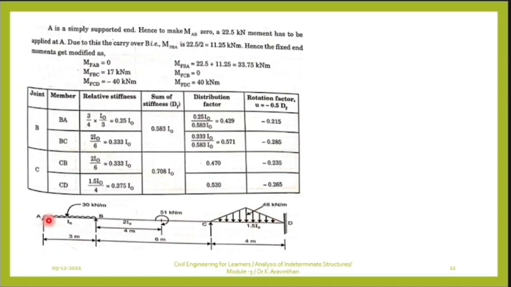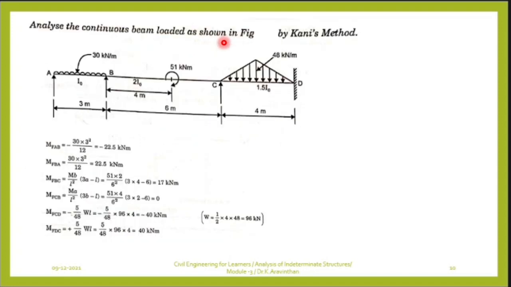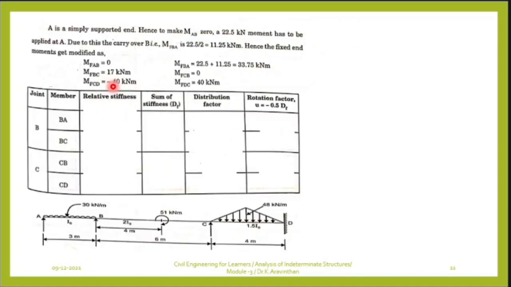How to make it 0? You have to balance it. What is the value of bending moment? The value of bending moment is minus 22.5 at A to B. So, in order to make this 0, you have to apply plus 22.5 and half the moment will get carried over to B. So this change you can make here and M F A B will become 0 and half the moment goes to B A. What is B A?